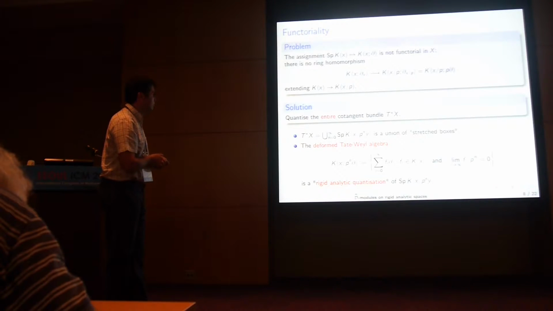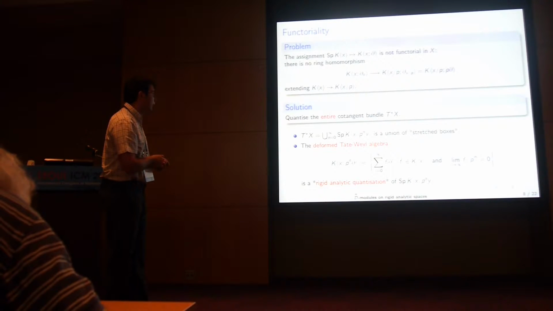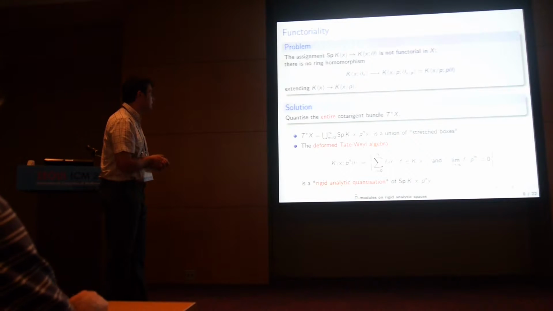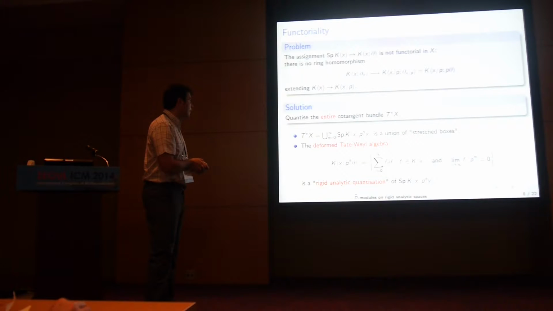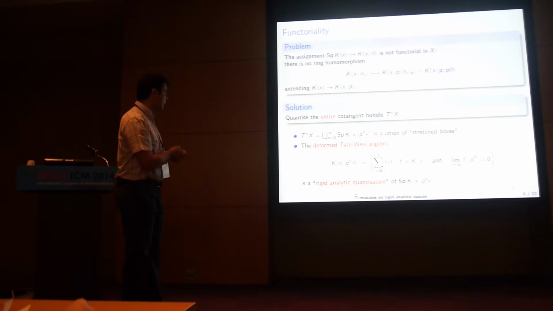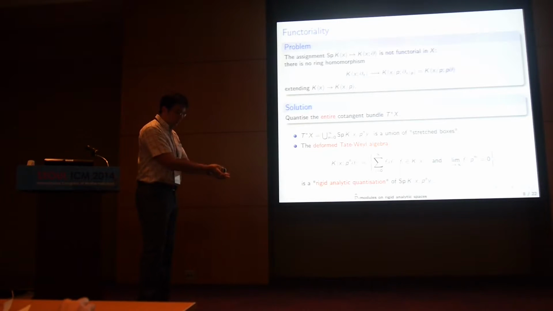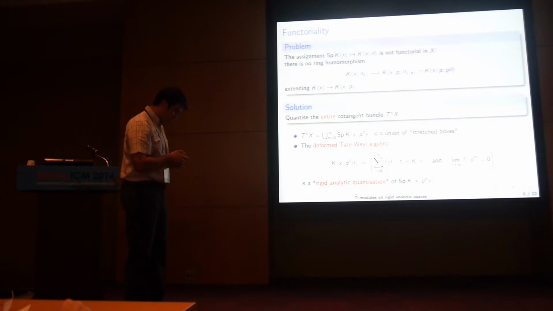You can just quantize each one of these algebras naively, and you can rewrite the elements of each algebra in a certain power series in del with coefficients in the Tate algebra K<x>, satisfying a particular convergence condition. It's quite easy. And you think of it as some kind of rigid analytic quantization of this stretched polydisk in the cotangent model.